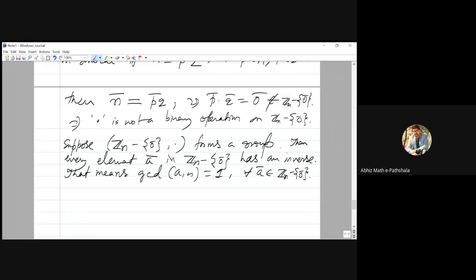Suppose, if possible, let n be a composite.